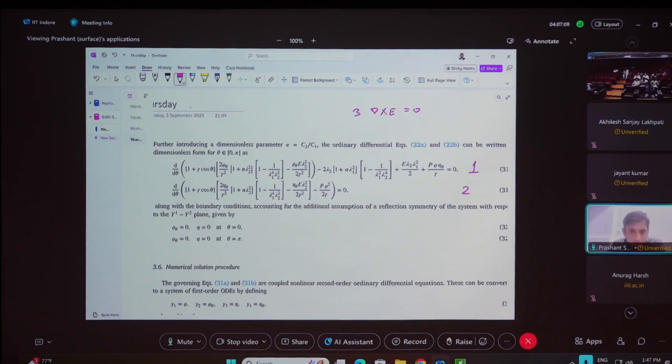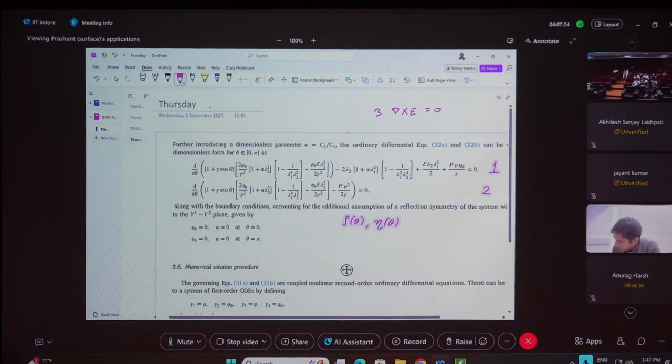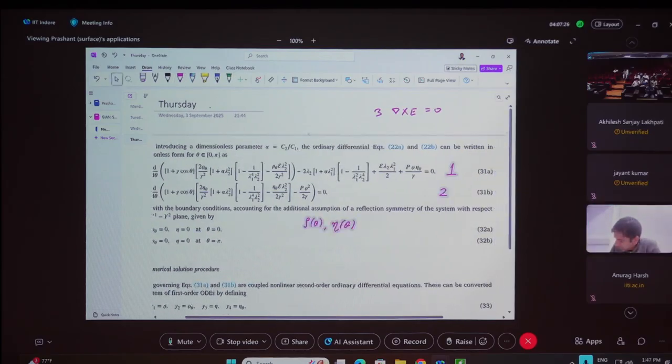I'm only showing these two equations, and these two equations are coupled equations for these two functions, rho of theta and eta of theta. And the other thing is that theta is something that varies between 0 and pi.